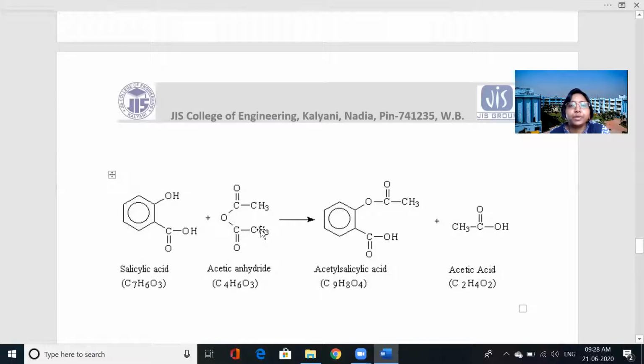If you remove H and OH, then you will get CH3CO. And after the reaction, we get acetyl salicylic acid and acetic acid. Now, I will show how aspirin is prepared in the laboratory.